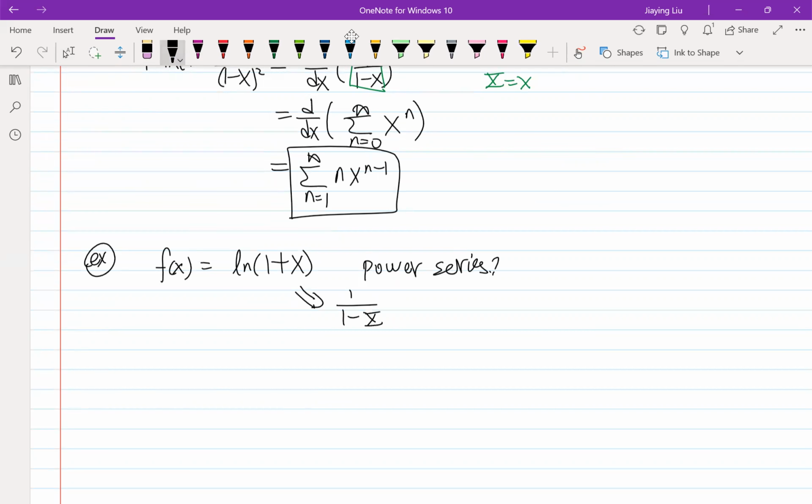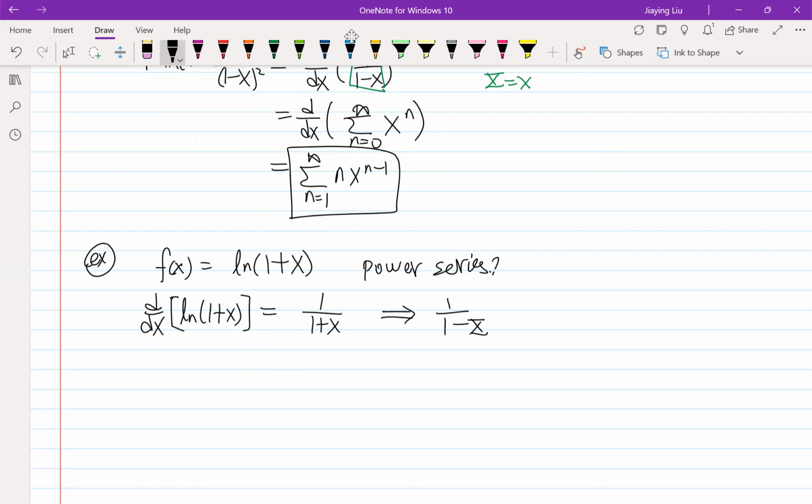But what we can do is note, if you remember from the past, that if we take the derivative of natural log of 1 plus x, that will give us 1 over 1 plus x.